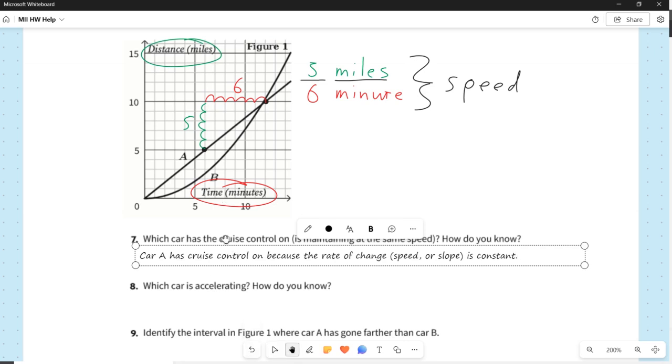So when we're comparing car A, looking at distance over time, that rate does not change, and in this context, the rate is speed. And so, if one of these cars has cruise control on, it is car A. It is traveling at the same speed this entire time.